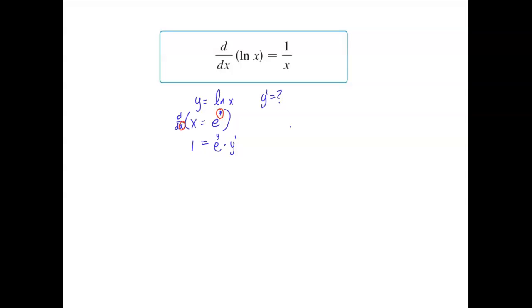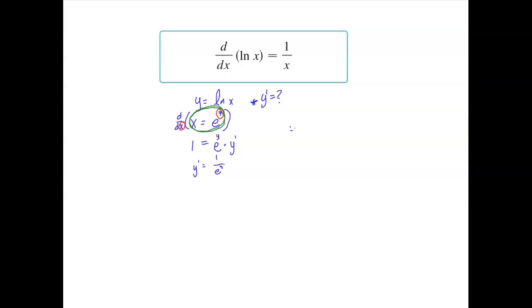Now my whole goal is to figure out what y prime is equal to, right? So if I isolate y prime in this case, I get y prime equals 1 over e to the y. But I don't want my answer in terms of y. I'd like my answer in terms of x. But notice up here, what did we say that e to the y equals? E to the y equals x, right?